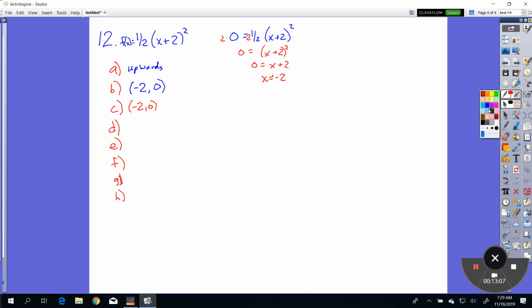So anyways, that's part C. Part D says determine the y-intercept. So that's when we just let the x be 0. So y equals 1/2 of (0 plus 2) squared. So 2 squared is 4. Half of 4 is 2. So the y-intercept is 0, 2.